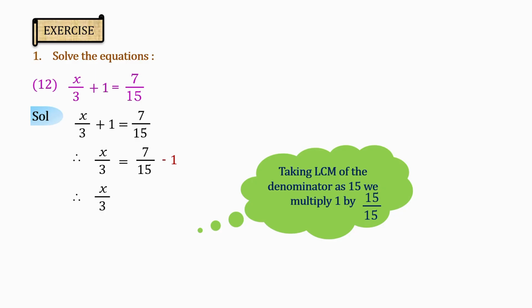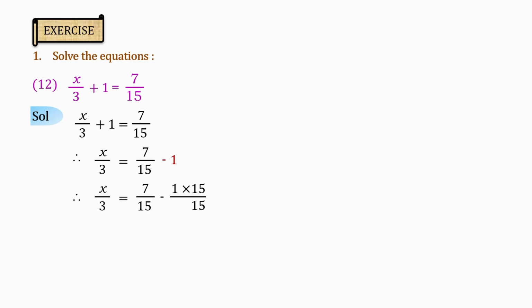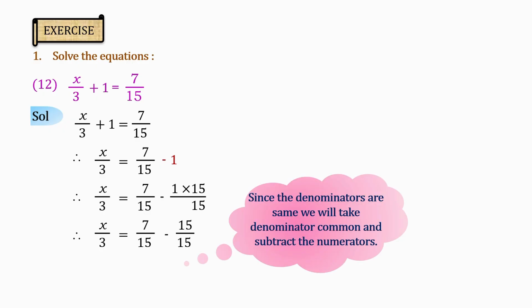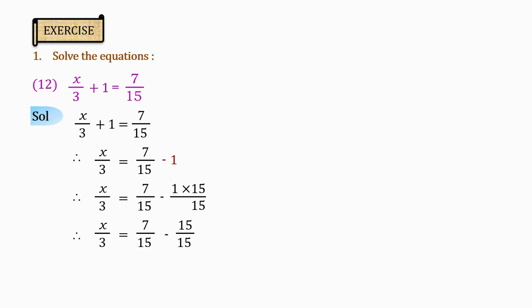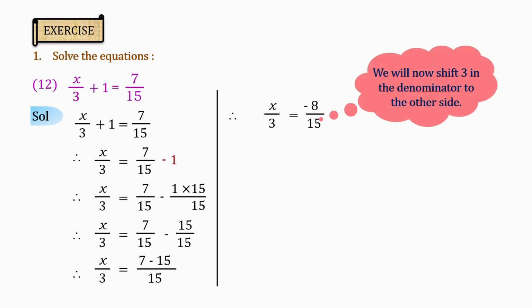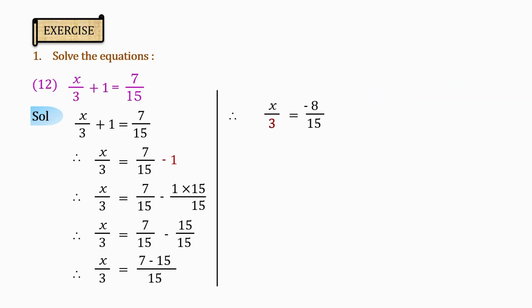So 15 and 1 LCM will always be 15. Now since the denominator is same, we will take the denominator common and subtract the numerators. Now we are going to shift 3 in the denominator to the other side, and it will change the sign. So now it becomes multiply.